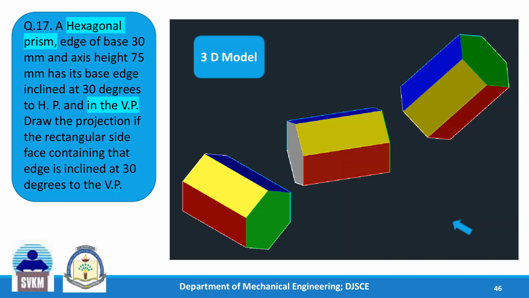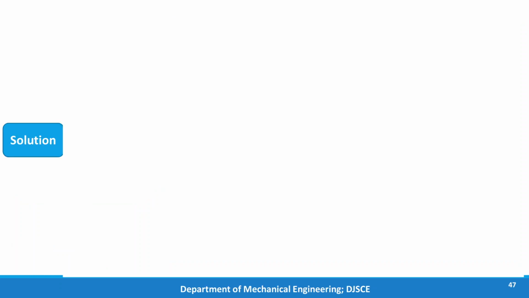You can see 30 degrees for this edge which is there in the VP. That is redrawn at 30 degrees. You will see the solution.